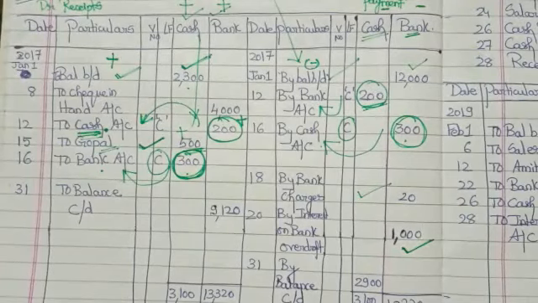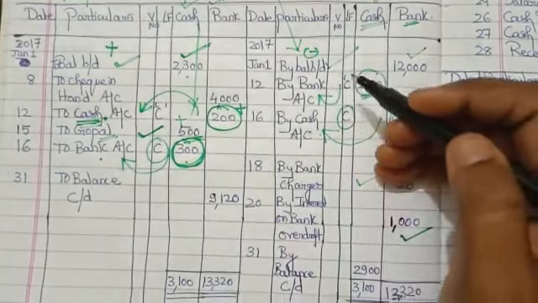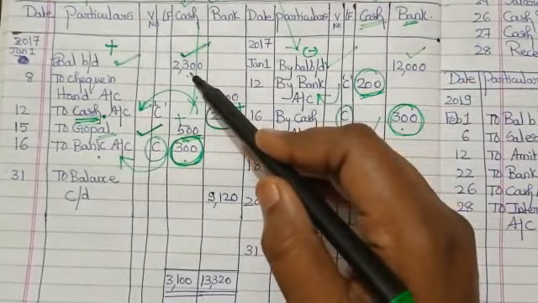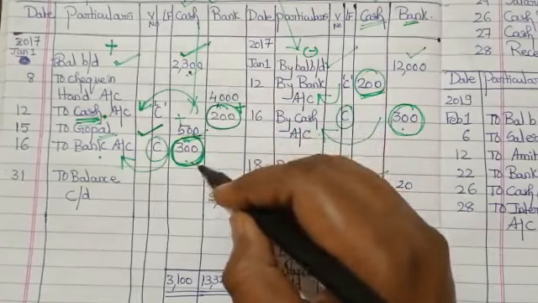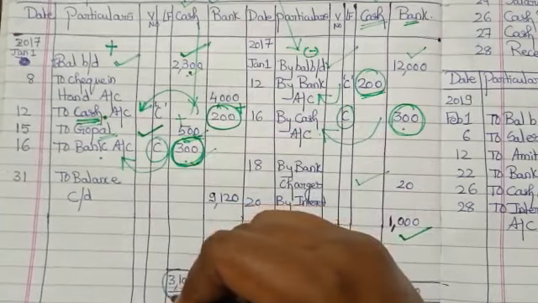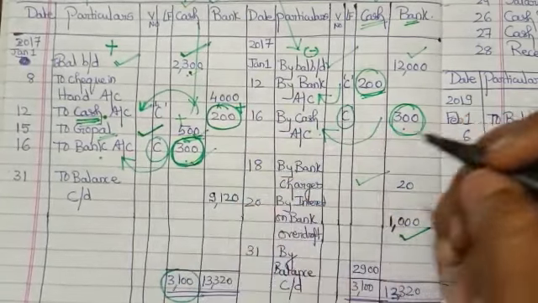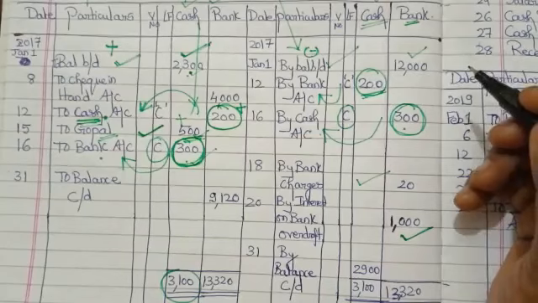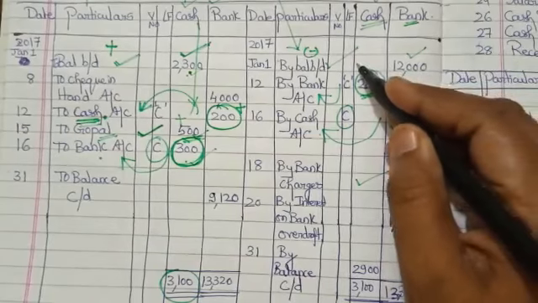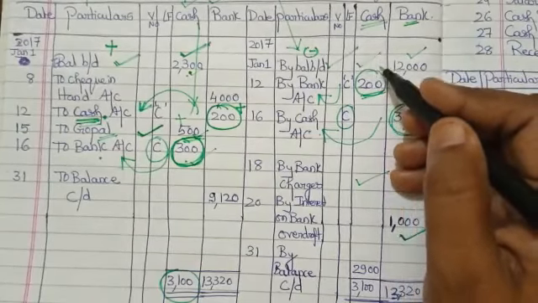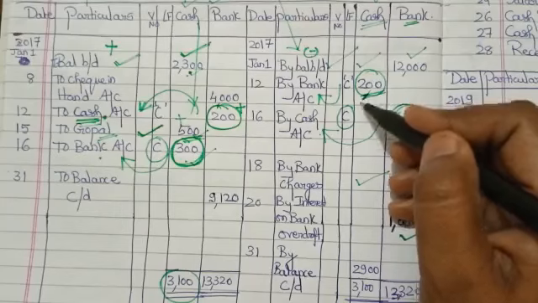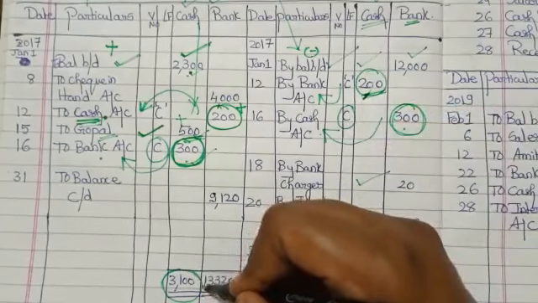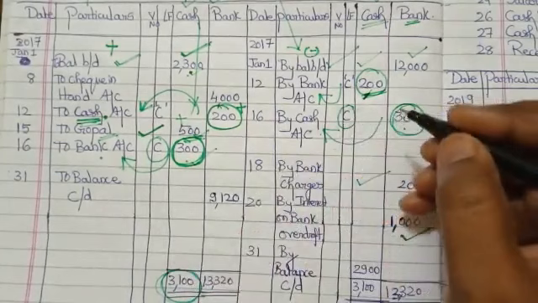Now find out the balance of the cash account. Add the receipt side: 2300 plus 500 plus 300. So the total will be 3100. Out of that, how much is the total of the payment side? 200. So the receipts are 3100.